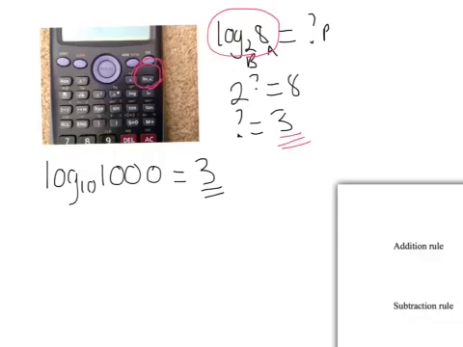Now, mathematicians, if they are ever in base 10, and this is only for base 10, no other base works, often don't bother writing the base in. So you could also just type into your calculator log of 1,000, and that button is here. If you just type in log of 1,000, your calculator will give you 3 as an answer.